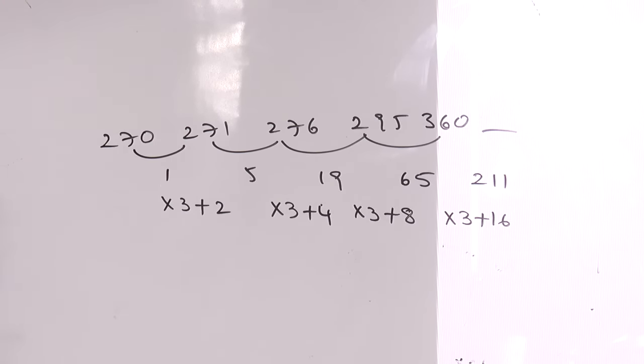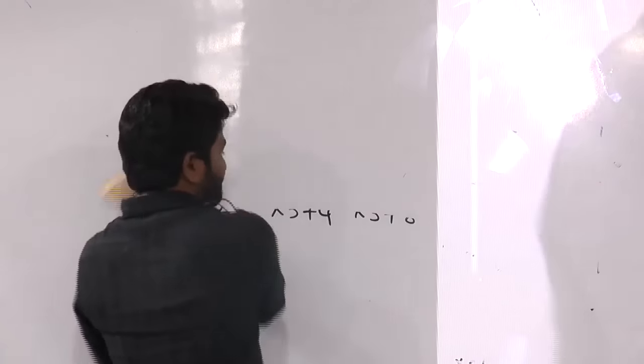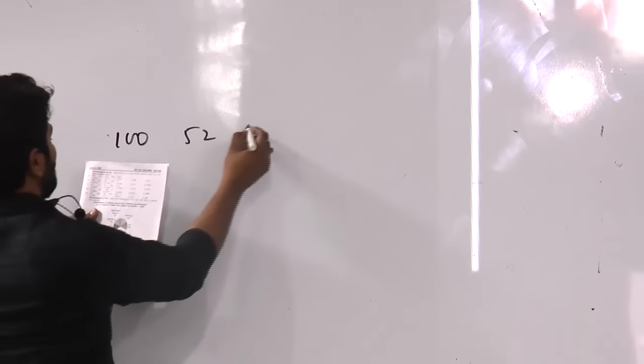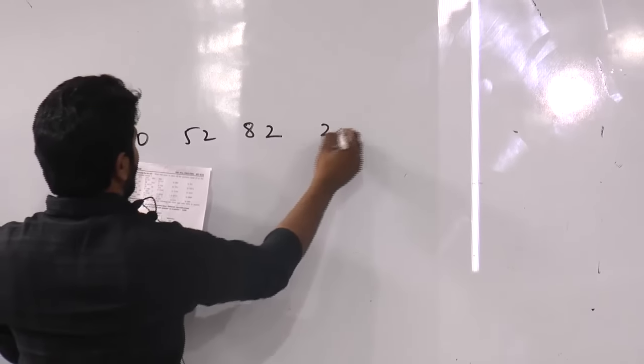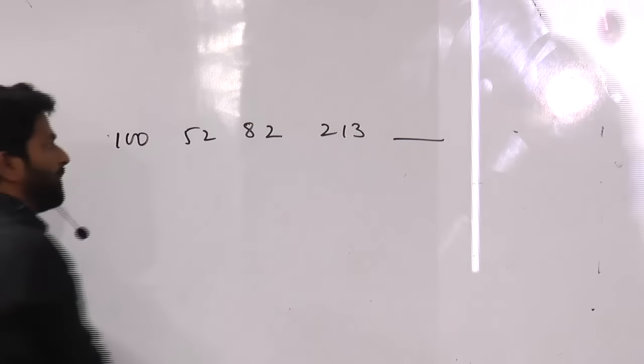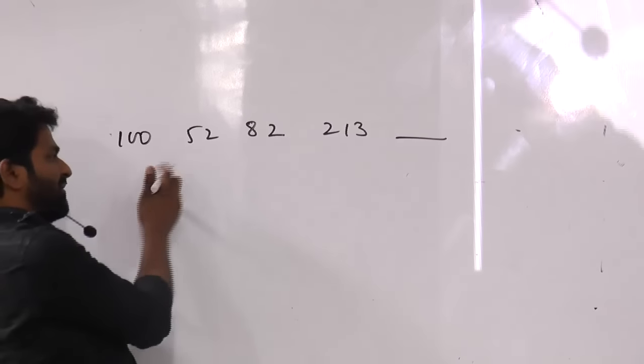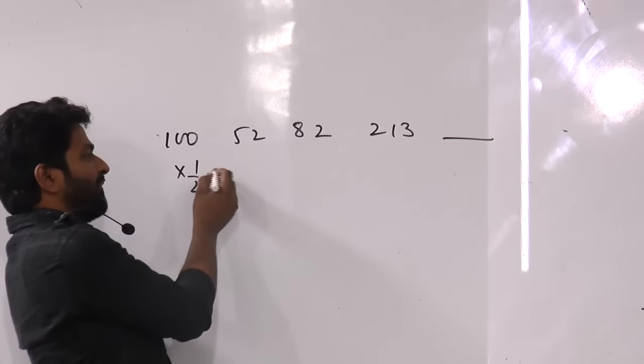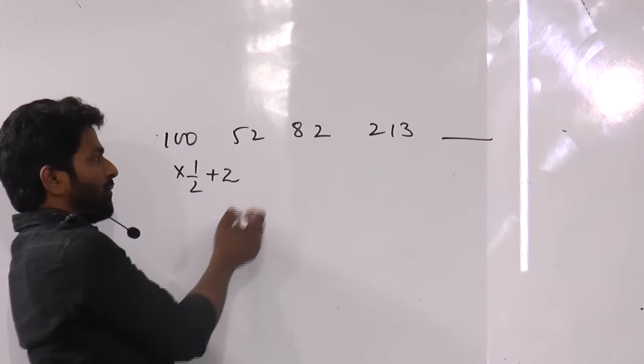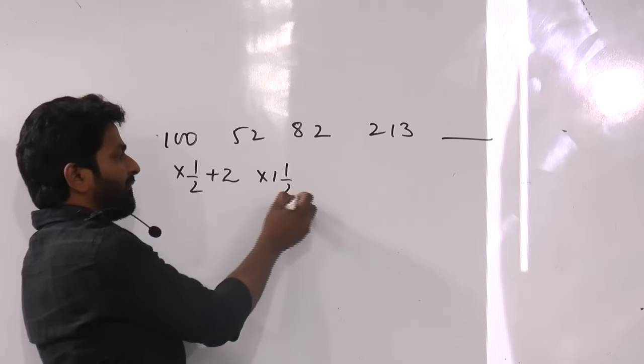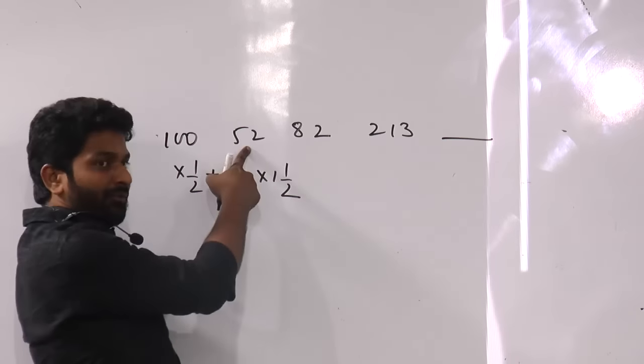37. 100, 52, 82, 213, and then this clearly looks like half plus 2. This is into 1.5. If it is 1.5, you need to add half of this number.